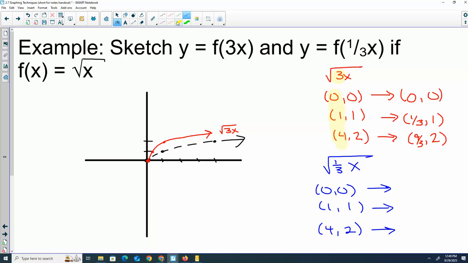Now if I multiply by 1/3, inside changes x but it does the opposite. What is the opposite of multiplying by 1/3? Dividing by 1/3 or multiplying by 3. So we go 0, 0, 3, 1, 12, 2.